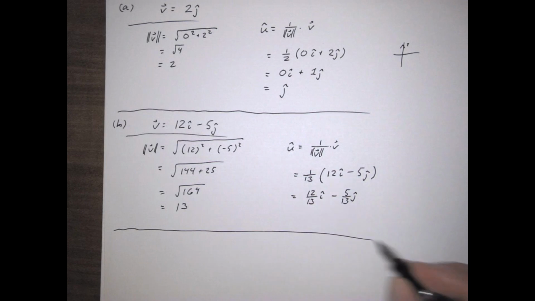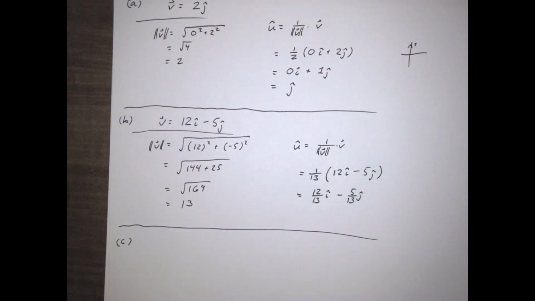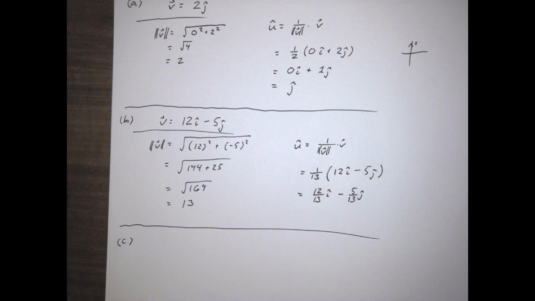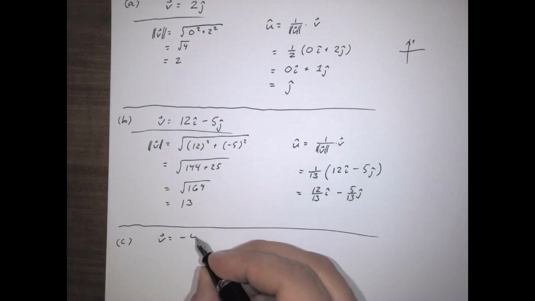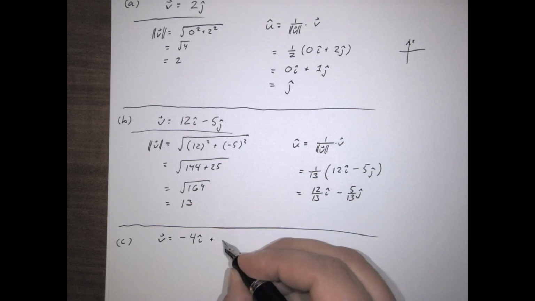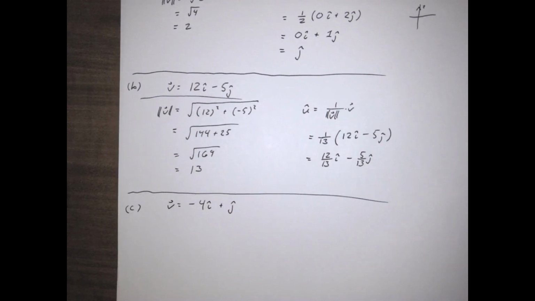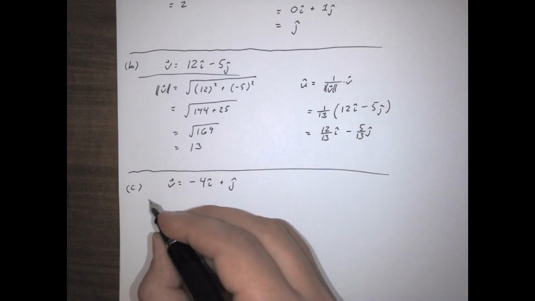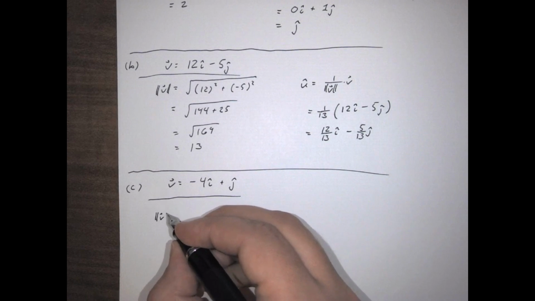Okay, and then let's see what it's like in the worst case. This was nice because the magnitude of v was a perfect square, but it might not be. Let's say v equals something like -4i plus j. So it might not be something as friendly as that previous result, but our approach is not different.